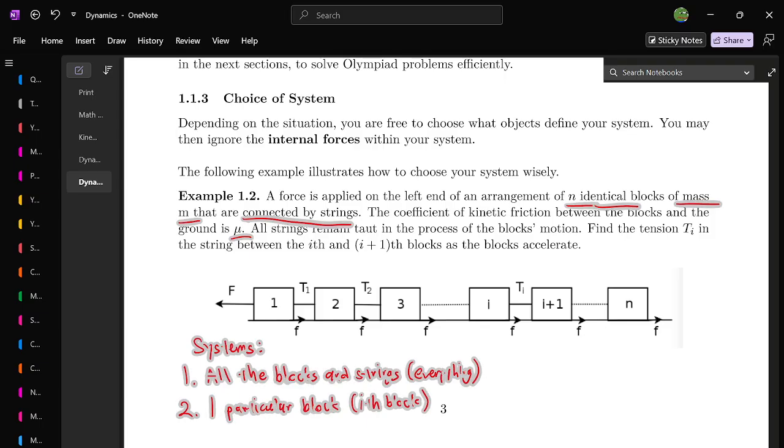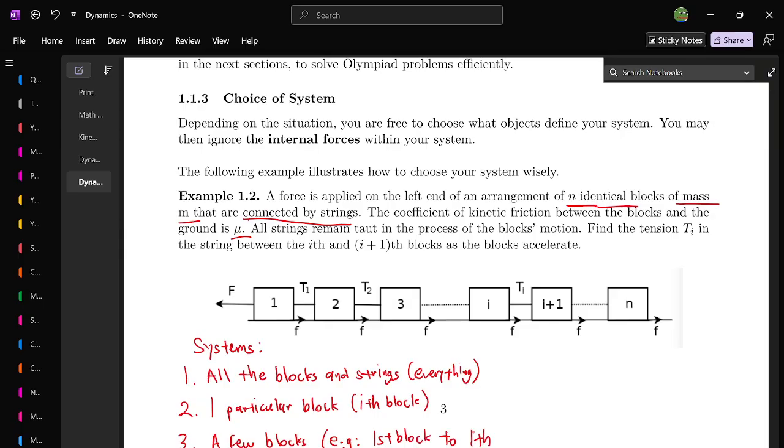Another person could say, I want to choose a few blocks, let's say the first block to the ith block, as the system. So you can see that there are many choices of systems, and none of them are wrong. All of them can be useful, except some are more useful than others.